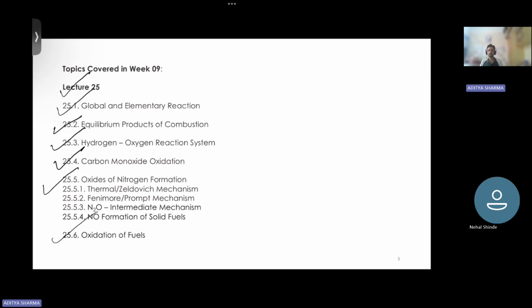And three mechanisms have been mentioned by which this nitric oxide gets formed. Out of those three, first is your Zeldovich mechanism. Second is your Fenimore mechanism, which is also called the prompt mechanism. And the third is your intermediate mechanism.